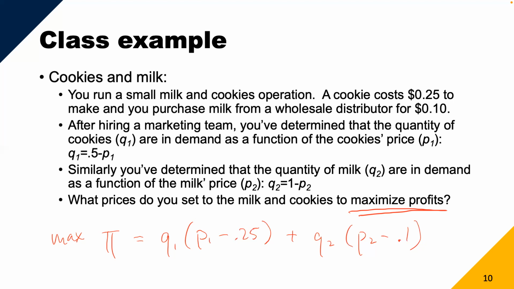Okay. So then, what do we do from here? Actually, do we have any constraints? No. So actually, all you need to do is plug in your Q1 and Q2.